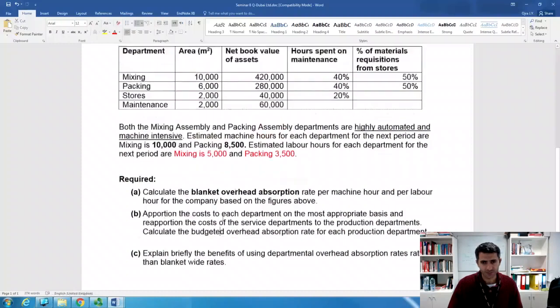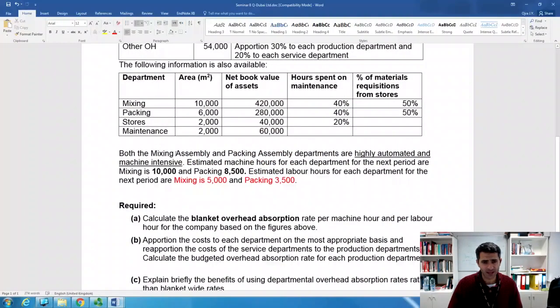Let's have a look. For the mixing and packaging, we need to look at which has more hours used. Is it labor or machines? So have a look. For mixing, it's 10,000 machine hours compared with 5,000 labor hours.